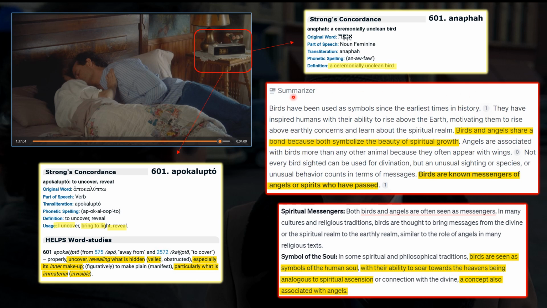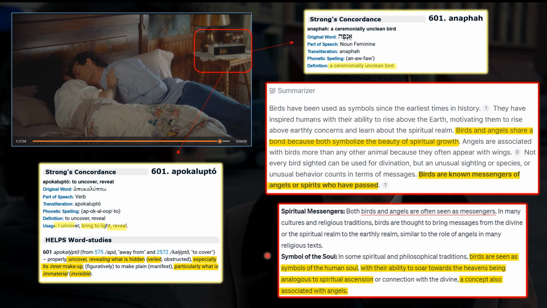And that's the summarizer from AI on the Brave search engine. Both birds and angels are often seen as messengers, spiritual messengers. This is from ChatGPT: birds are seen as symbols of the human soul, with their ability to soar towards the heavens being analogous to spiritual ascension, a concept also associated with angels.